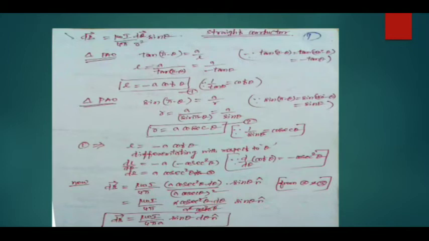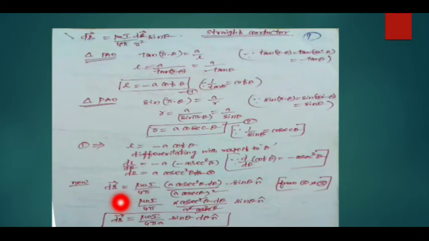Now, if I simplify, mu naught I divided by 4 pi, A square cancels with A and cosecant square, and remaining sine theta into n cap.